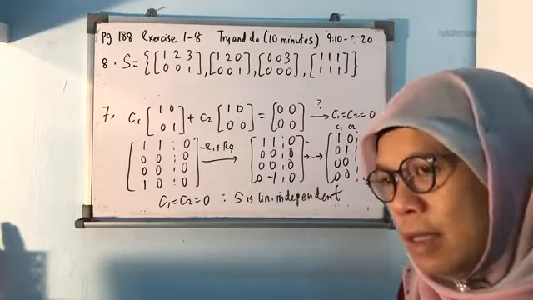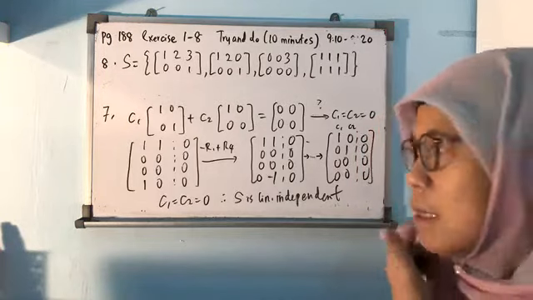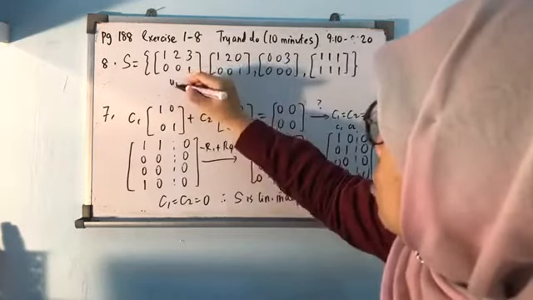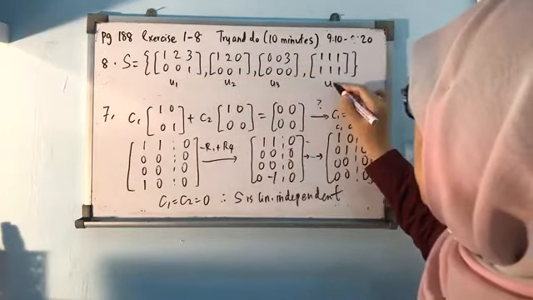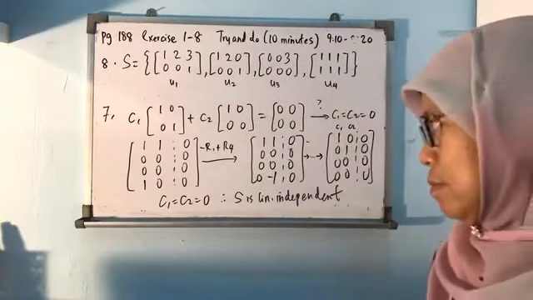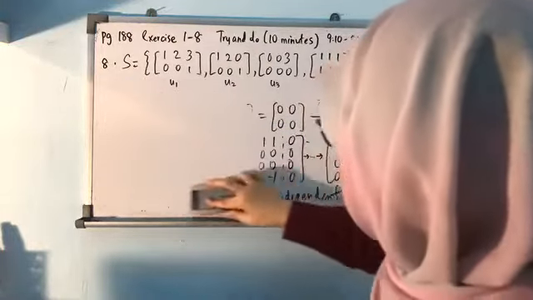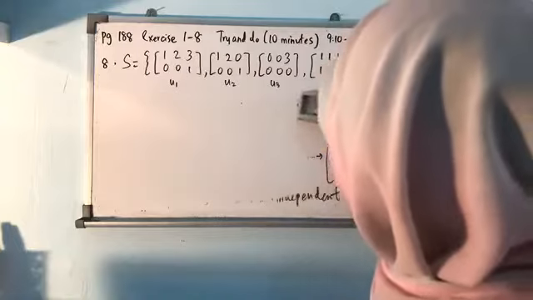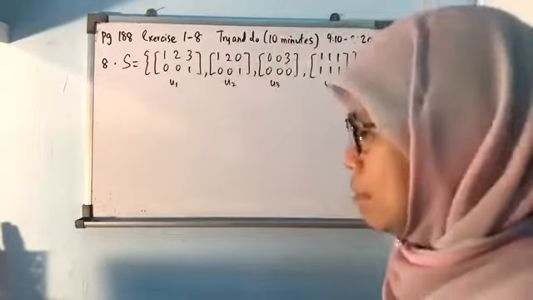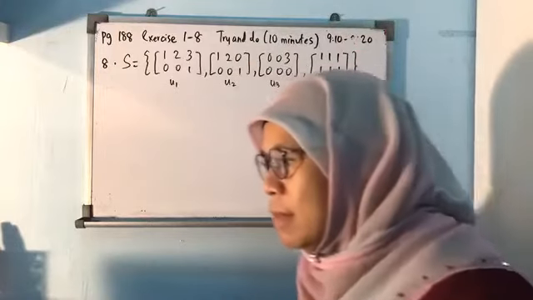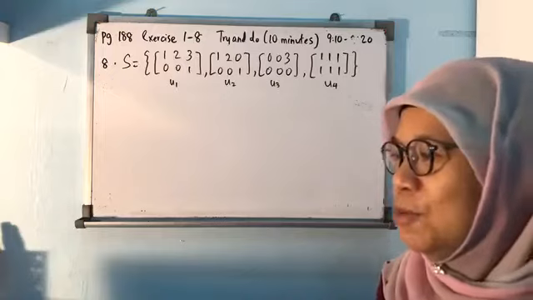Dengan pemerhatian, nampak apa-apa tak? You see any multiple, any combination, call it U1, U2, U3, U4. Nampak tak? Dan siapa-siapa nampak, cuba type.